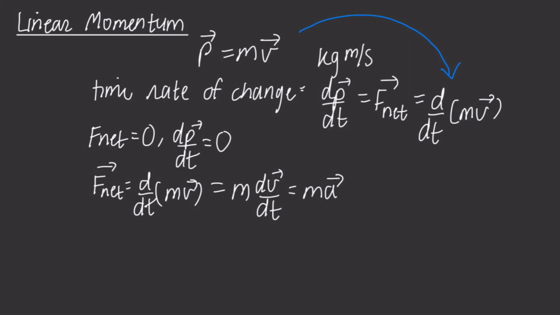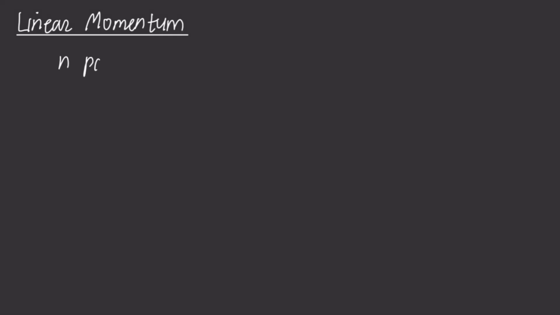But what if we have a system of particles? What if we have more than one particle? We can extend our definition of linear momentum to a system of particles. Let's consider n particles, any arbitrary number n, each with its own mass, velocity, and thus its own linear momentum.